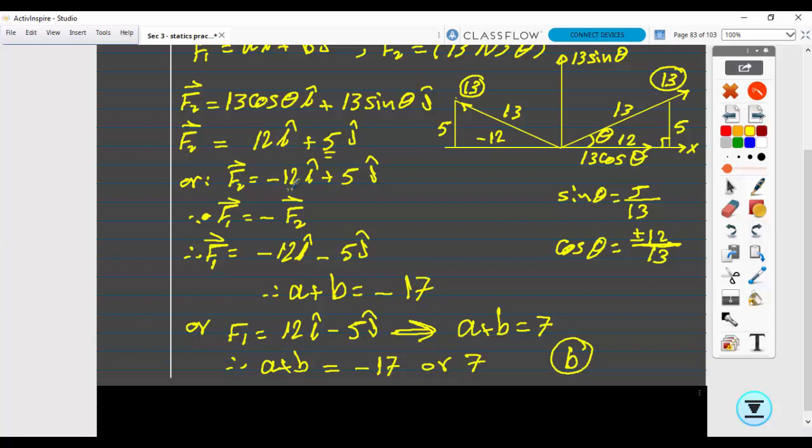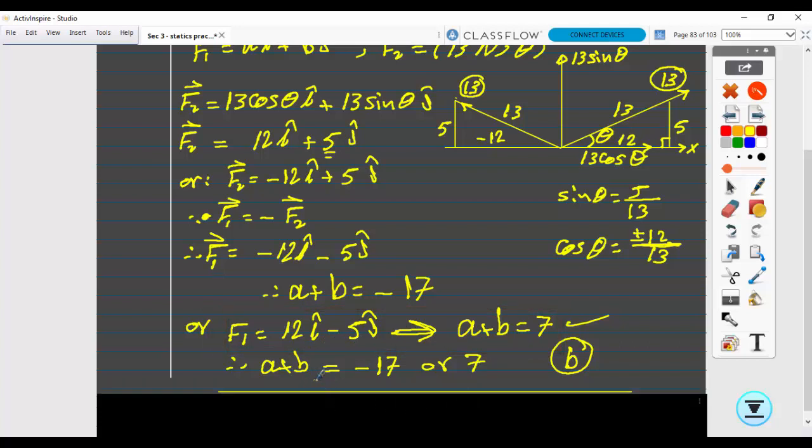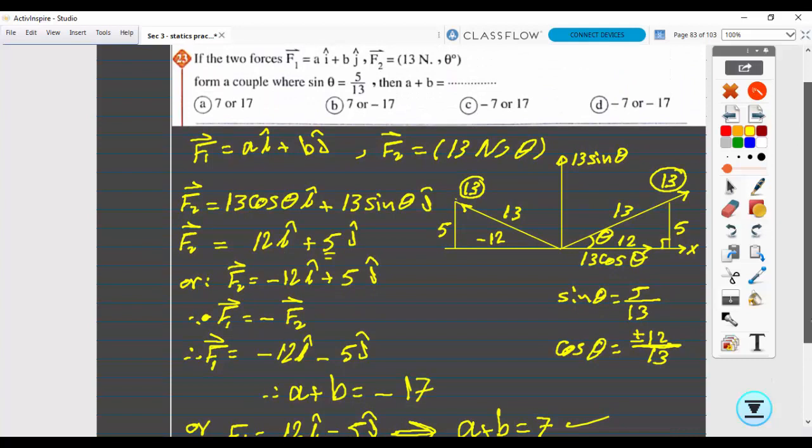When F2 equals negative 12I plus 5J, multiplying by negative gives F1 equals positive 12I minus 5J, and from that we write A plus B equals 7, since 12 plus negative 5 equals 7. So the solution A plus B equals negative 17 or 7, and this is the answer at letter B.